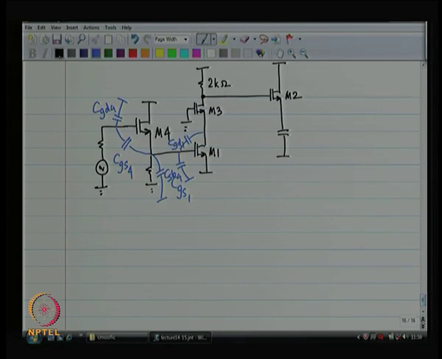Let me put a number here. Let us say I stick to my 2 kilo ohms resistance. All right, fine. So, let us do step by step. What is the resistance that CGD4 sees? The resistance that CGD4 is going to see is 1 kilo ohm, nothing else.